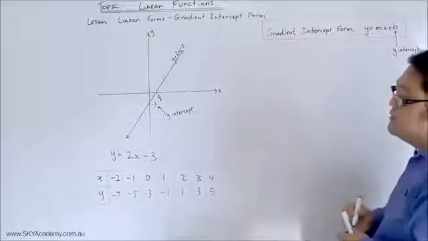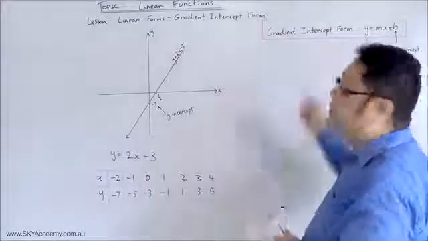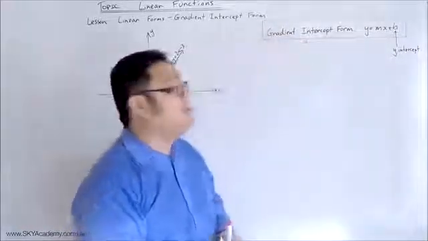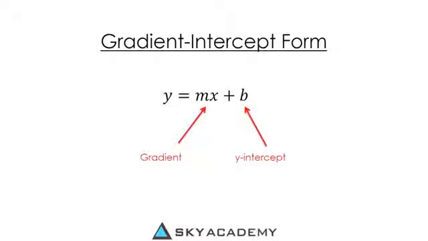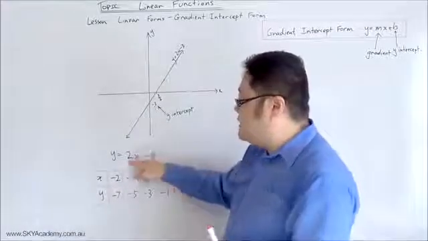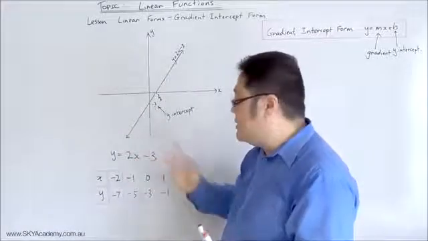Does that make sense? Your m, given that it's called the gradient intercept form, would represent your gradient. Let's see if that's true. In this case it'll be 2.